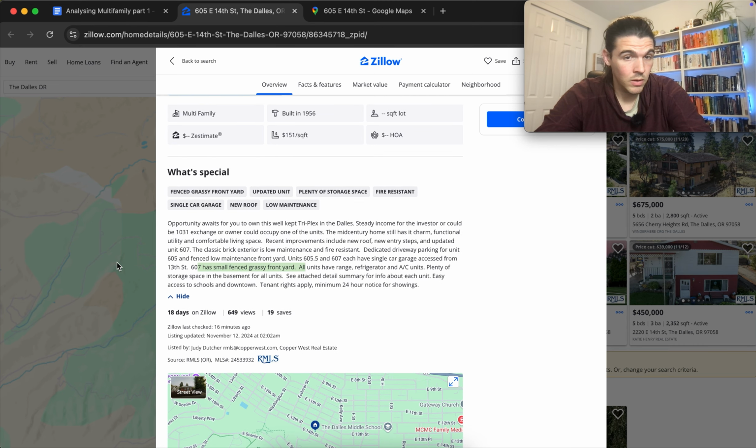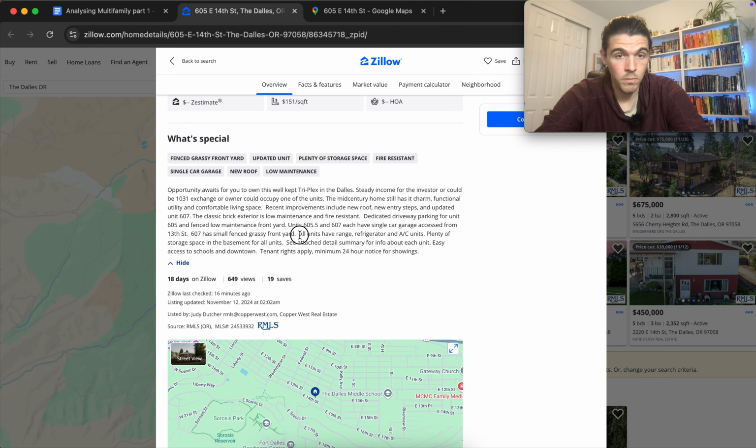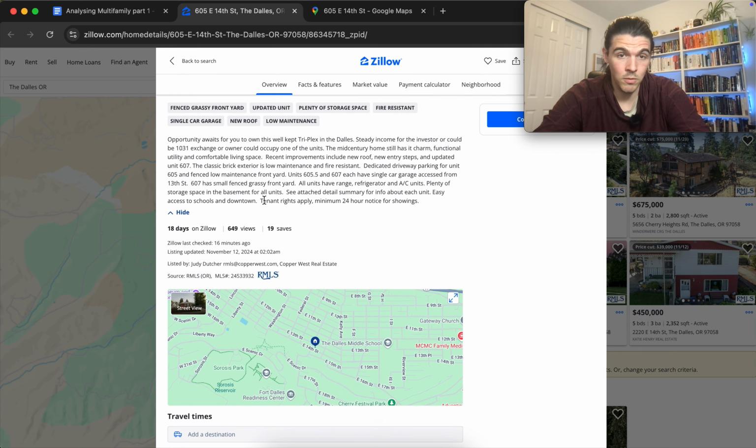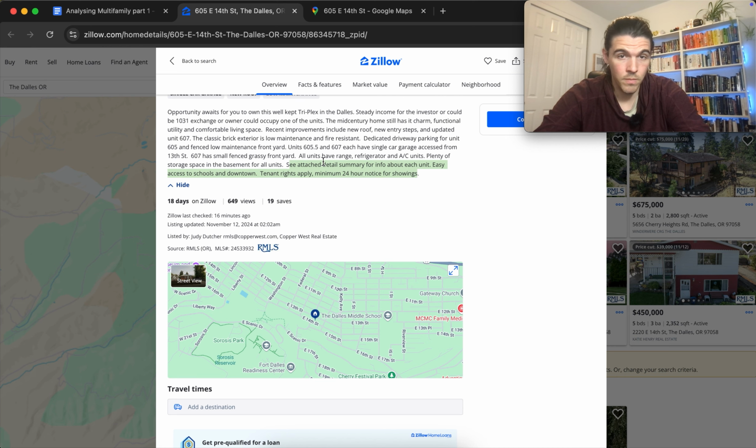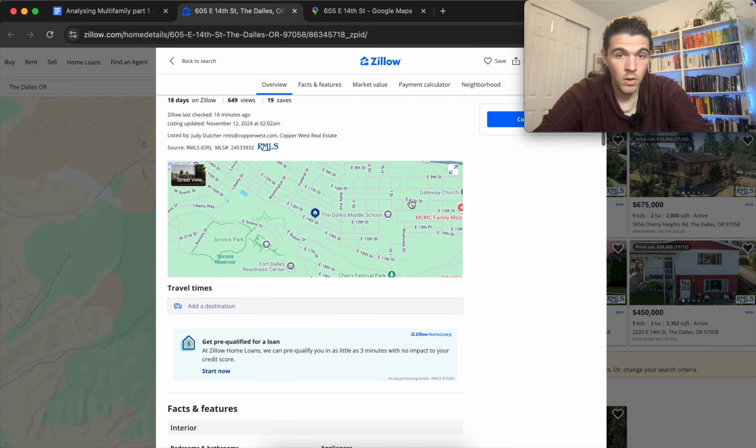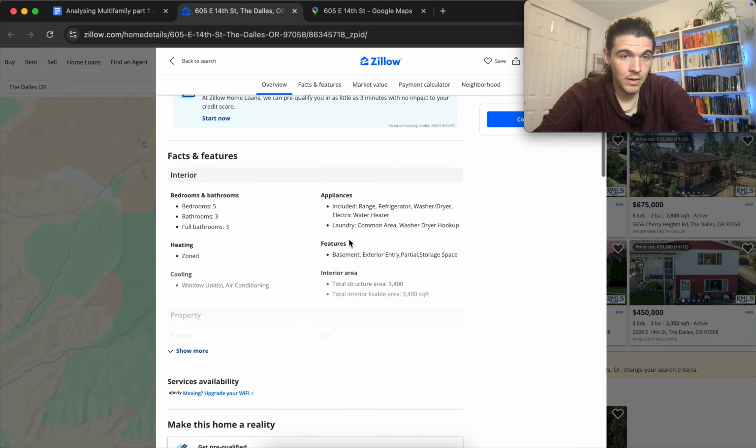One of the units has a grassy front yard. All units have a range, refrigerator, AC units. Plenty of storage space in the basement for all units. See attached summary detail about each unit. Okay, so we know where it's at.